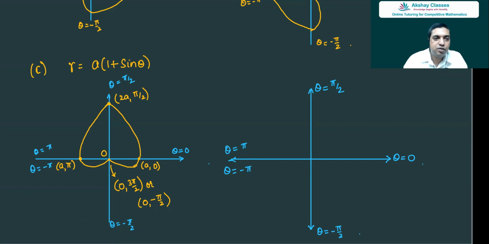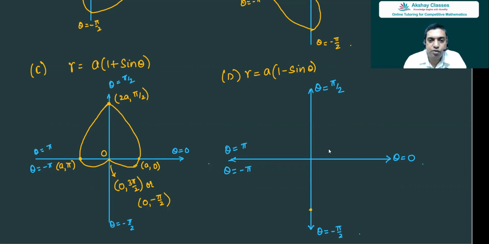So the fourth one is r is equal to A into 1 minus sine theta. So when theta is equal to minus pi by 2, you get sine theta as minus 1. So R will be equal to 2A.